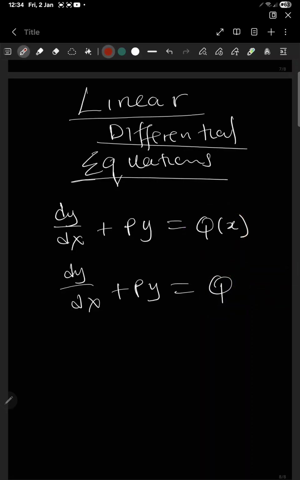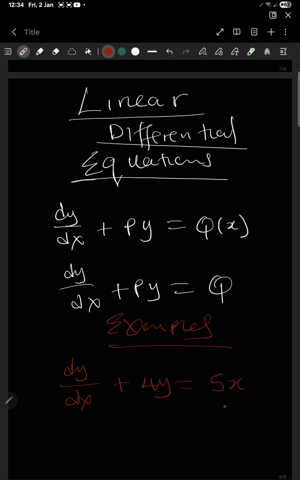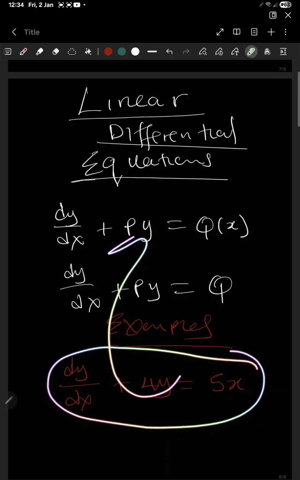Examples: if you have dy/dx + 4y = 5x, this form of differential equation is a linear differential equation because it is written in that form.